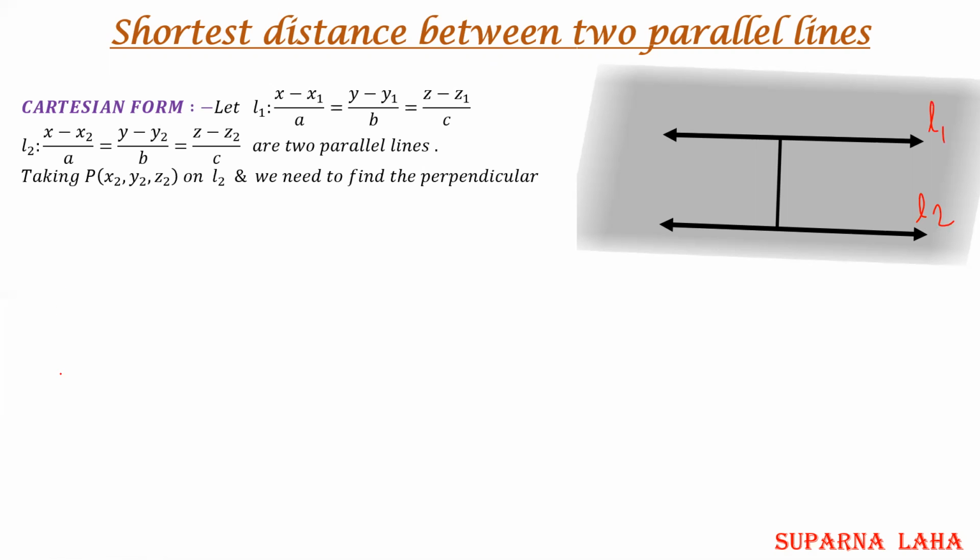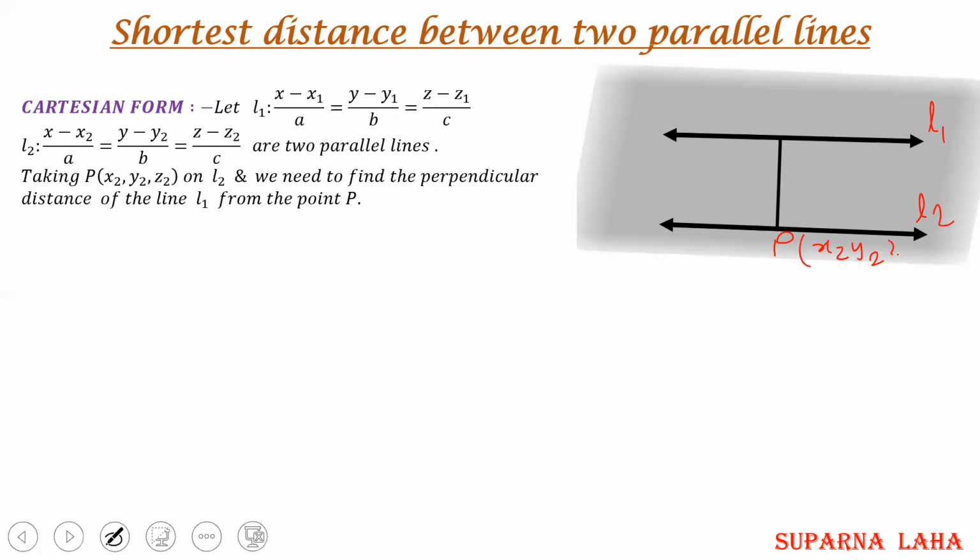Now taking P to be any point on L2, we need to find the perpendicular distance from the line L1 to the point P. So here I am taking P as x2, y2, z2, and you need to find the perpendicular distance from the point P to the straight line L1. Taking the foot of the perpendicular as L.